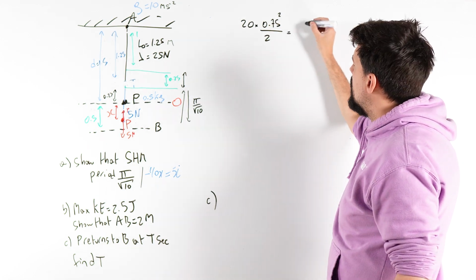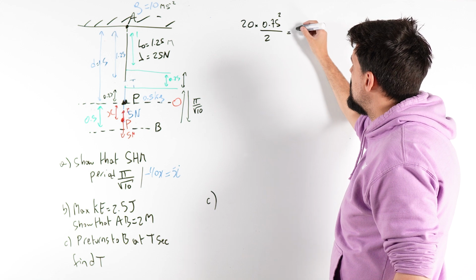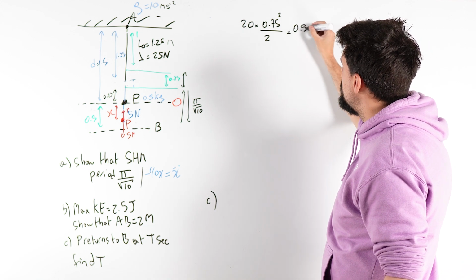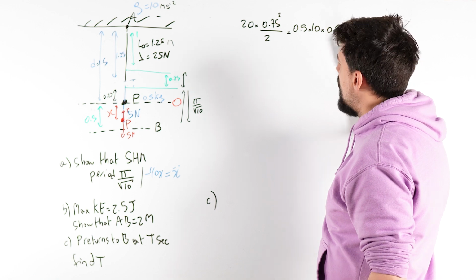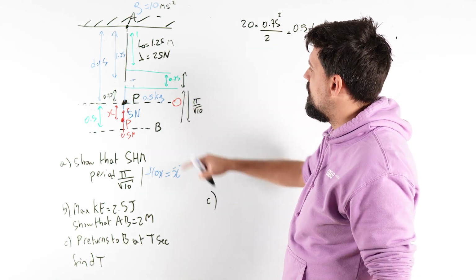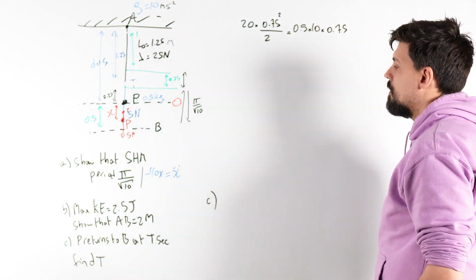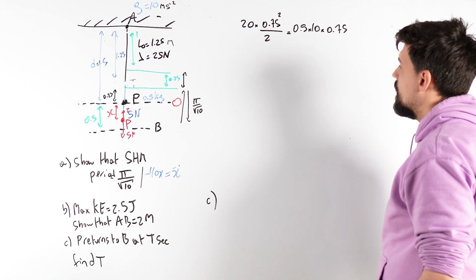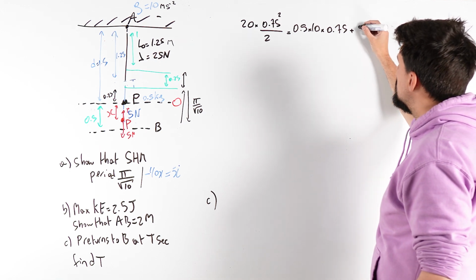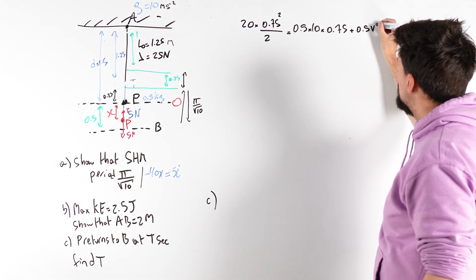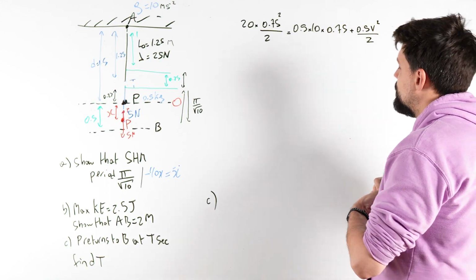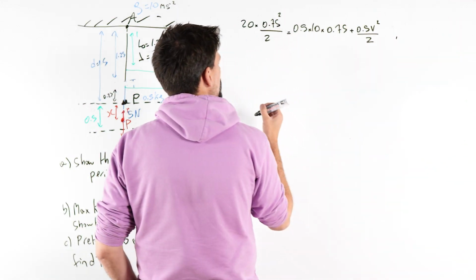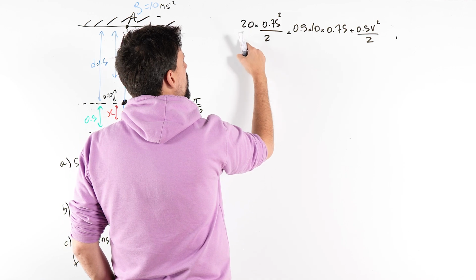And that is going to get turned into gravitational potential energy, which is 0.5 times 10 times the height, which at that point is 0.75, plus mv squared over 2.